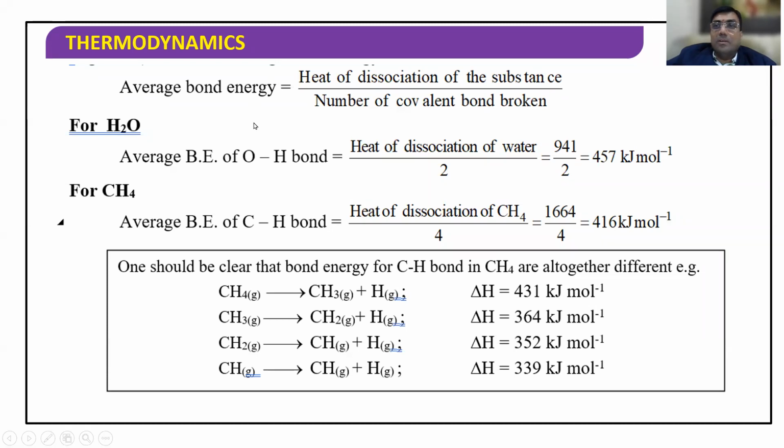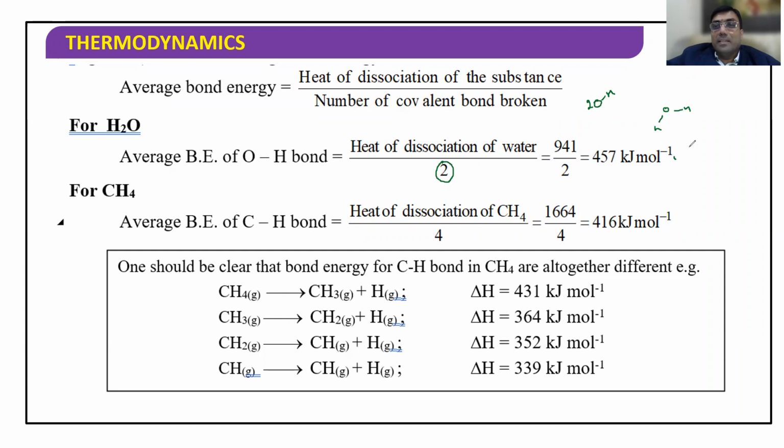In the water molecule, how many OH bonds are there? Only 2. So that's why you have written heat of dissociation of water divided by 2, because 2 OH bonds are breaking. Not hydrogen bonds, 2 OH bonds in water are broken. That's why you divide by 2.